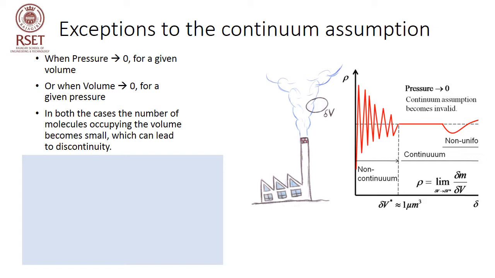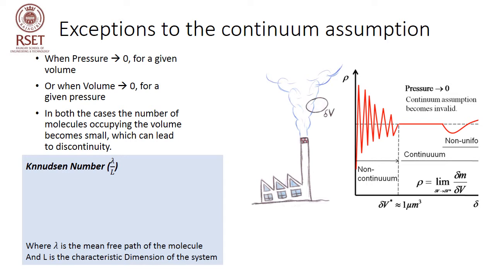For that we use the Knudsen number, which is the ratio between the mean free path lambda of the molecule and L, the characteristic length dimension of the system. If the characteristic length is very high compared to the mean free path, we take the continuum assumption. But if it is comparable with the characteristic dimension, then we have to take the discontinuity into consideration.